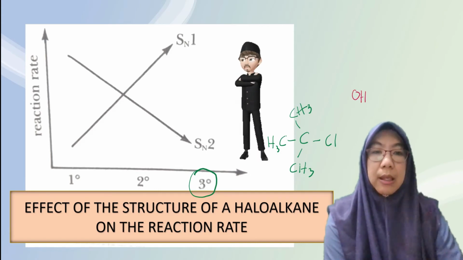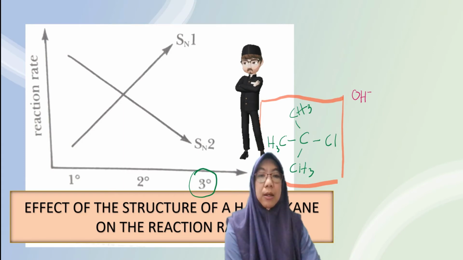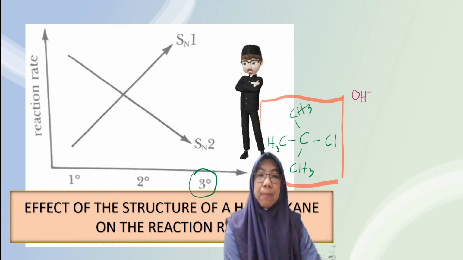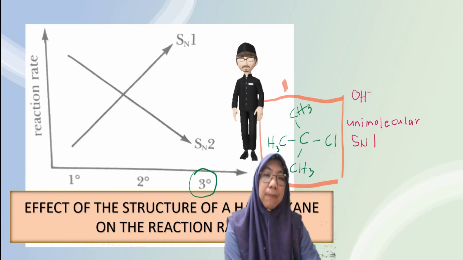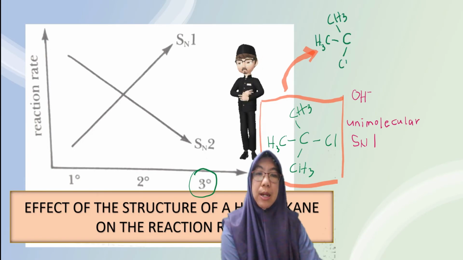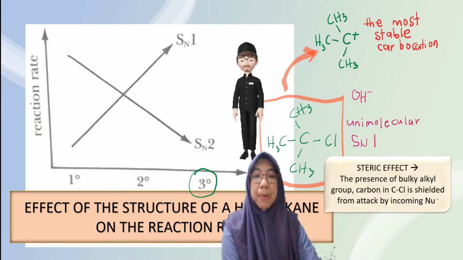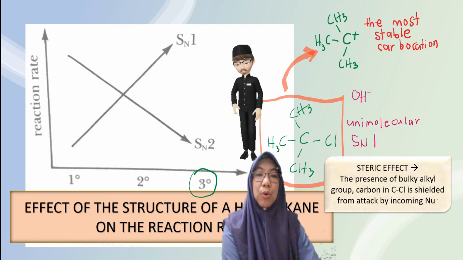Now, why SN1? SN1 is called unimolecular. For SN1, the tertiary carbocation is the most stable carbocation. This is what we call a steric effect. The presence of bulky alkyl groups shields the carbon bonded to Cl from attack by the nucleophile.